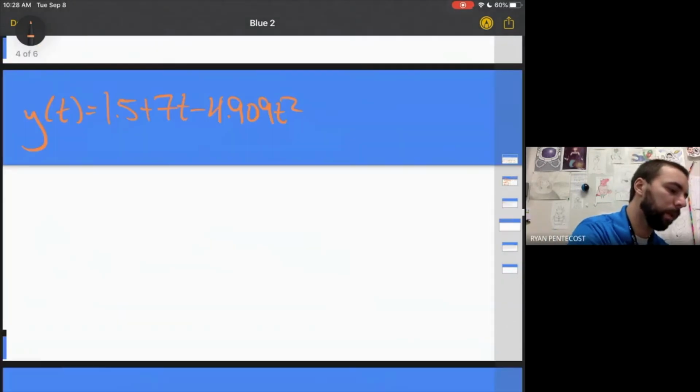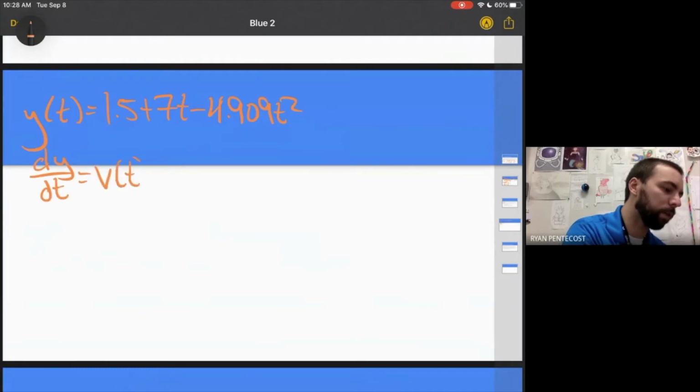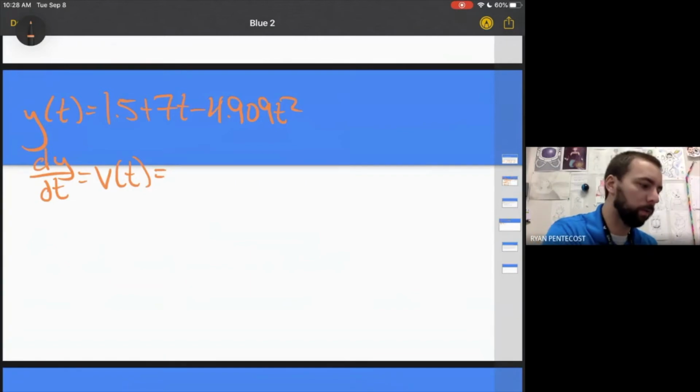So if we were to take the derivative of y with respect to time, that would give you velocity. Now we're going to do the power rule. If you take the derivative of 1.5, that's just a constant. It has no variable, so that becomes 0, so we won't write that one down.